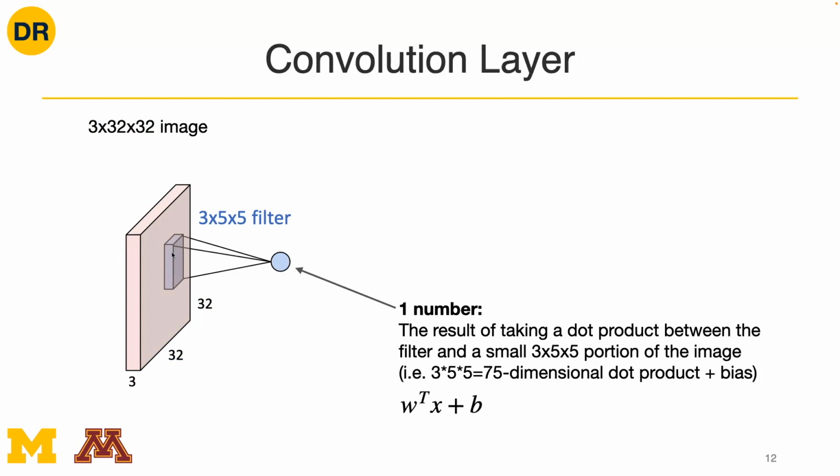The resulting single number can be thought of as the dot product between two 75-dimensional vectors. This one number output is going to be the result of an inner product between the filter treated as a column vector and the sub-portion of the image at this spatial location treated as a column vector.